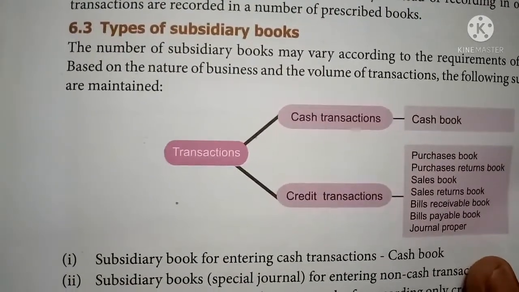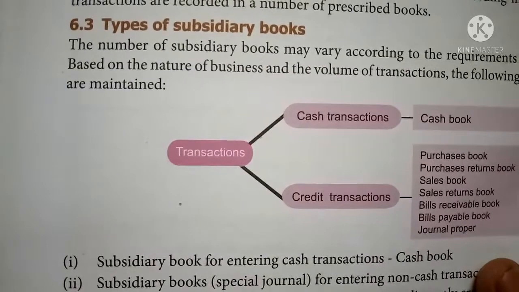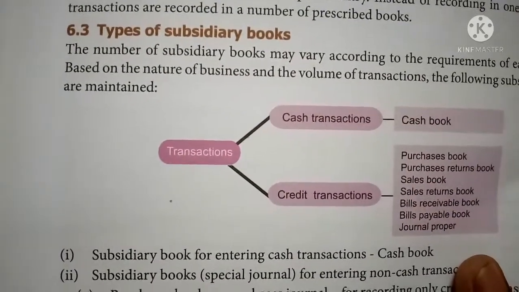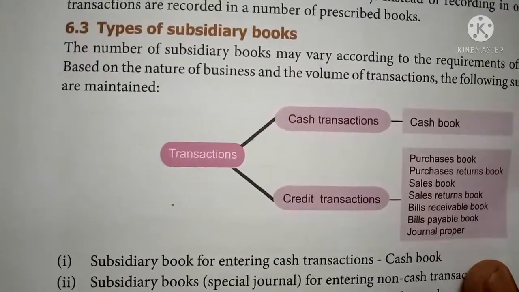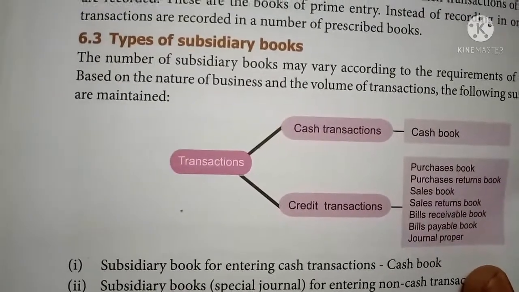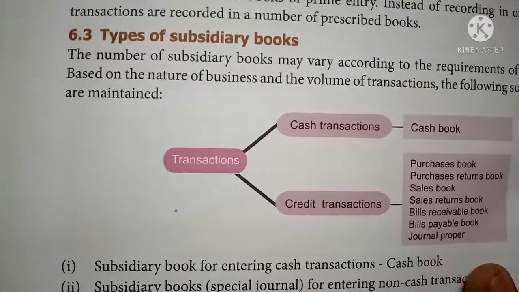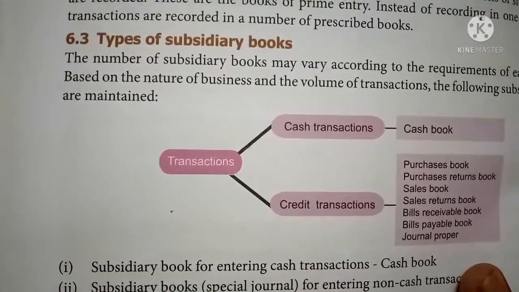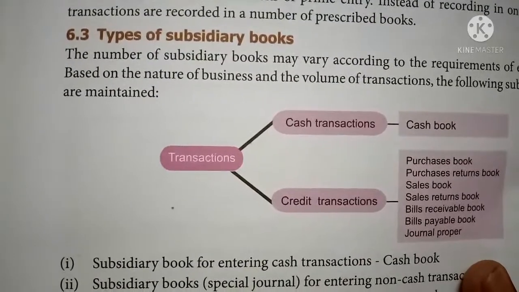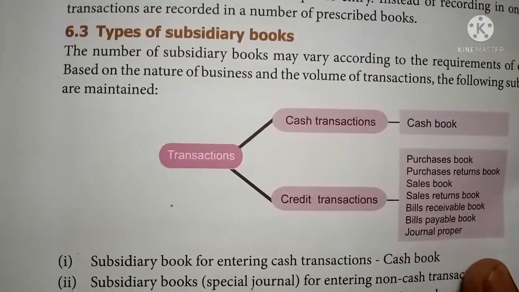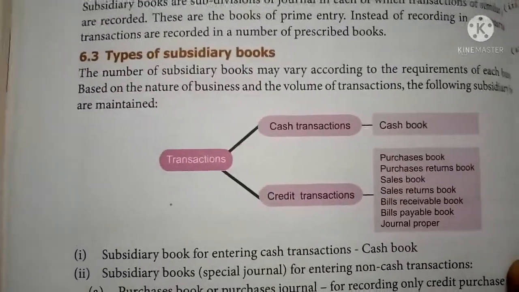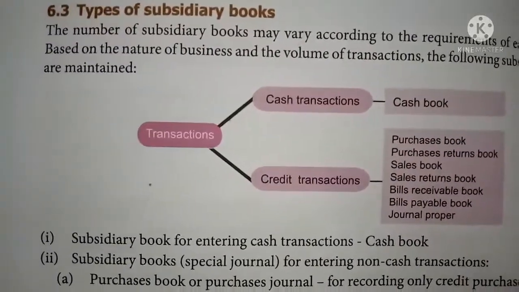Those transactions which are not related to these books should be recorded in the journal proper. So, in a large scale business organization, instead of using a journal, they can use special journal books, that is subsidiary books, to maintain these prescribed books and record both cash transactions and credit transactions.